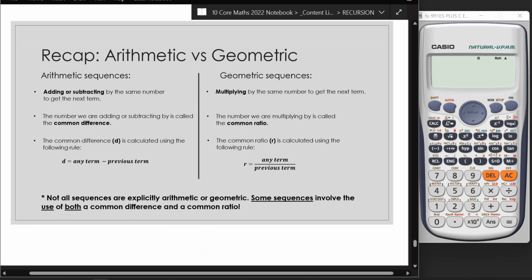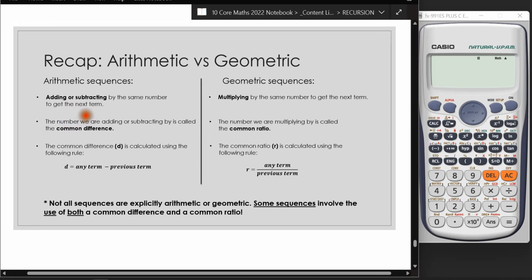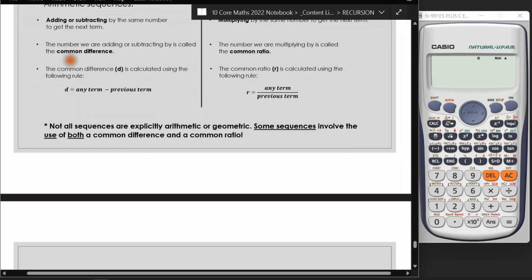Some sequences will involve both a common ratio and a common difference. When I say both, it could be like times 2 plus 1, okay? Or the sequence could be like multiply by 3 and then minus 2. So there could be a mix depending on the pattern, but just understand that when you're doing these questions.